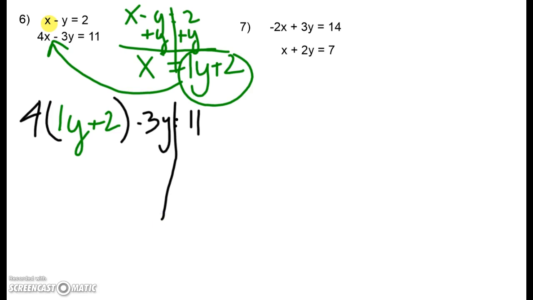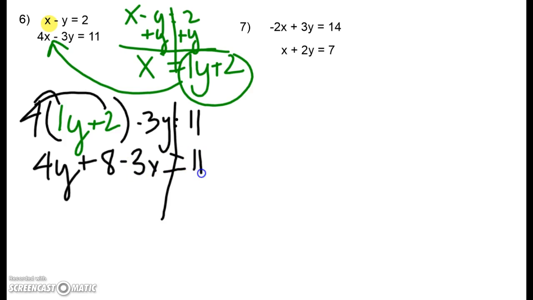Draw my line down. So now I distribute 4y plus, be really careful, 8 minus 3y equals 11. So now I can put these guys together. So I get 1y plus 8 equals 11.